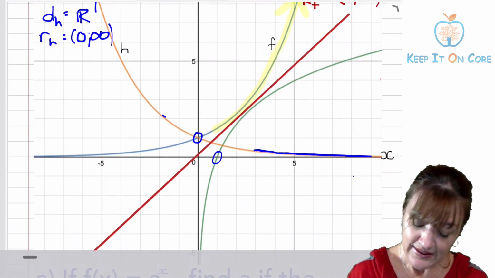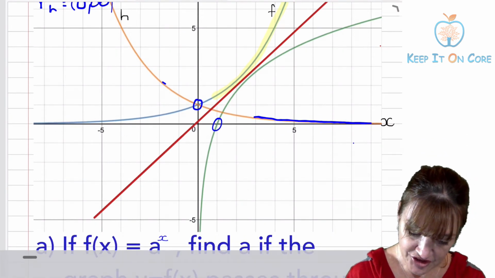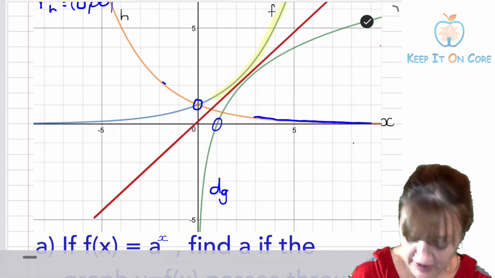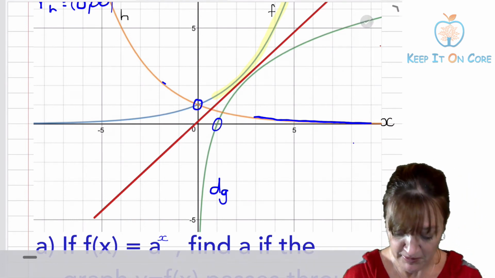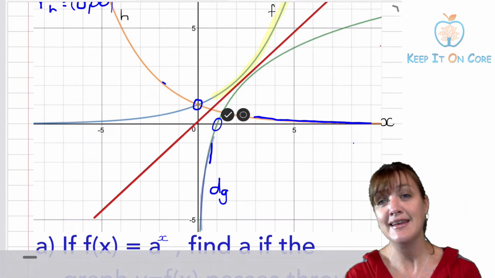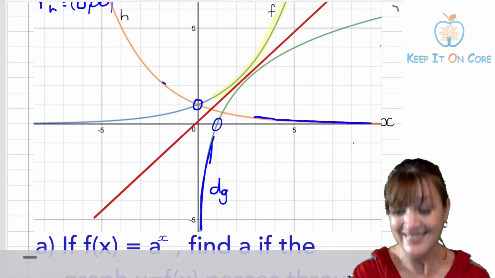Okay. Then your g graph. This was your g graph, the domain of my g graph. Here we have a problem because it's going to tend closer and closer to 0 on the x-axis, but it's never ever going to touch 0 on your x-axis.